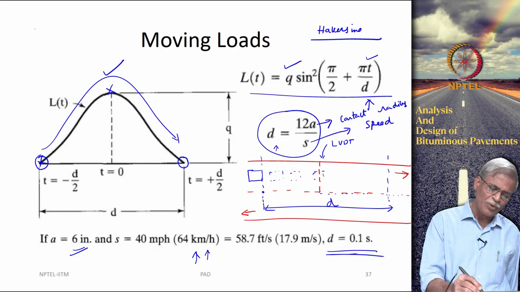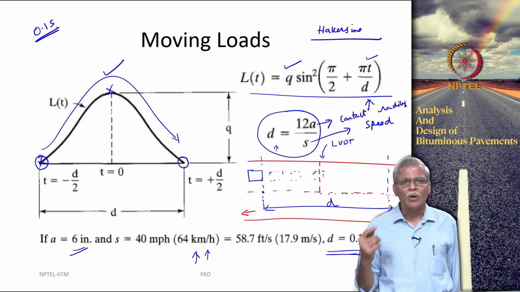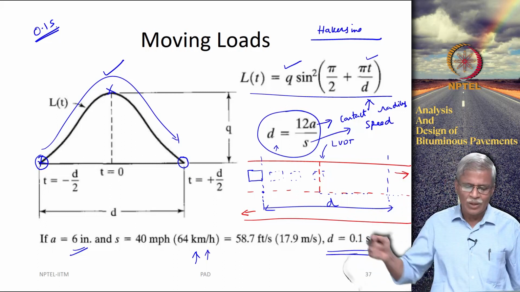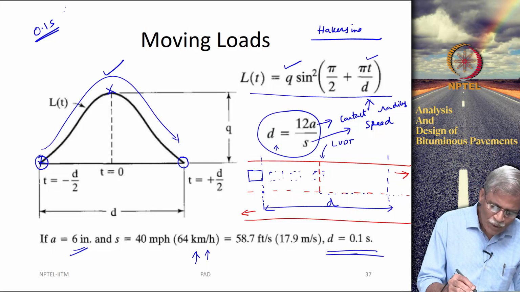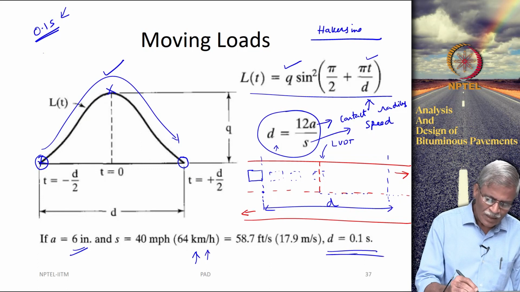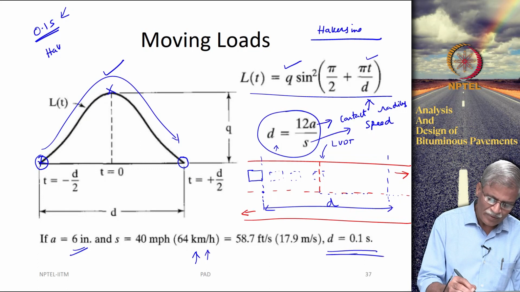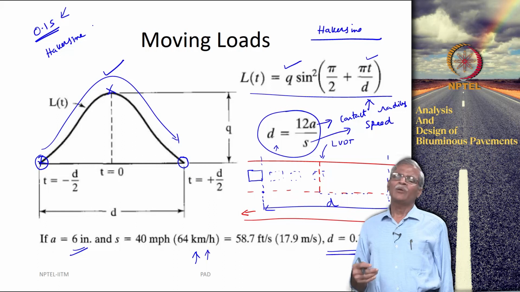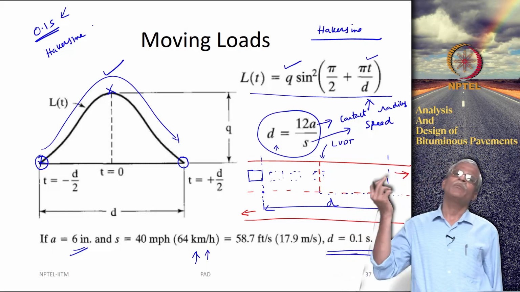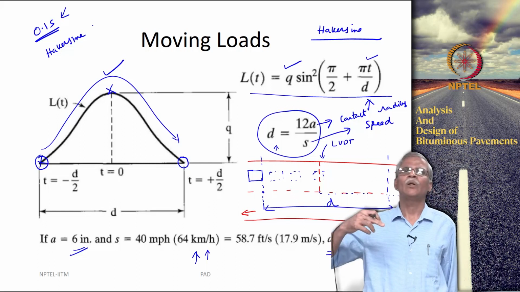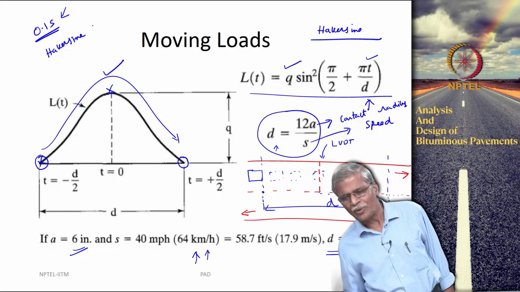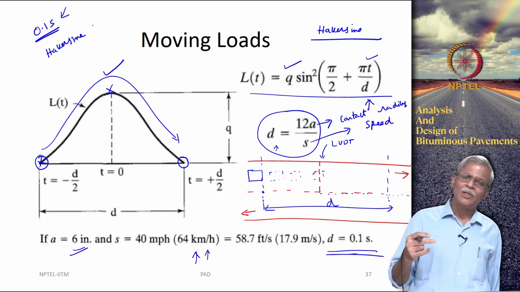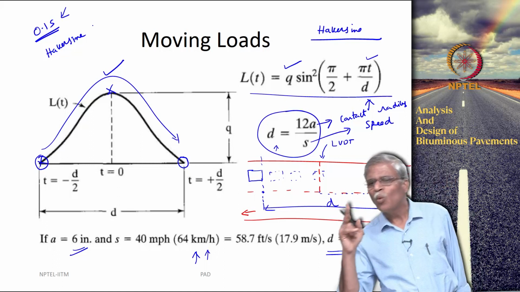Why do I emphasize this 0.1 second loading? Because most pavement engineers, when they want to compute the modulus value, will always give a load pulse of duration 0.1 second and the shape will be Haversine. When you want to design your pavement, you need a modulus, and that modulus should be determined based on the realistic load applied on top of the pavement, and that realistic load has to be something like a moving load.